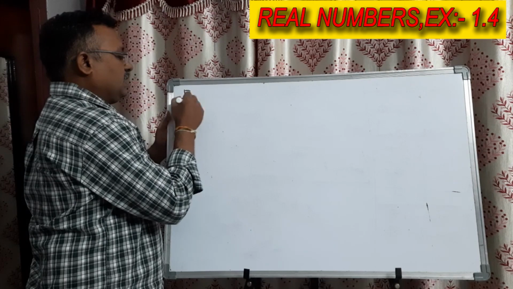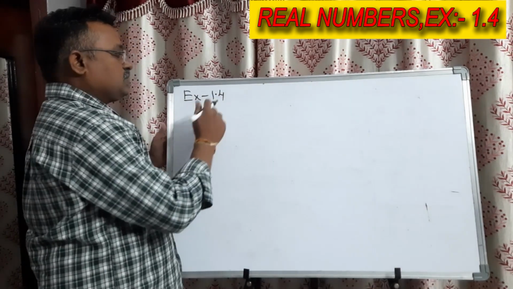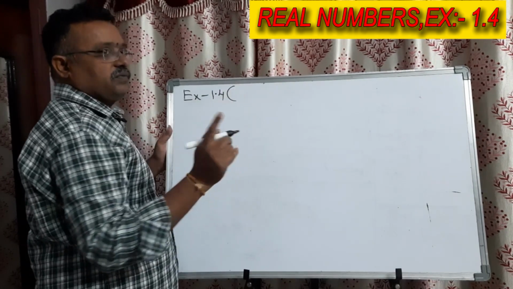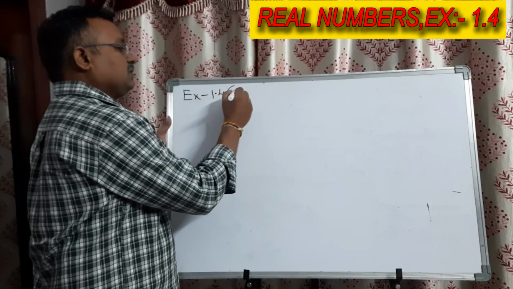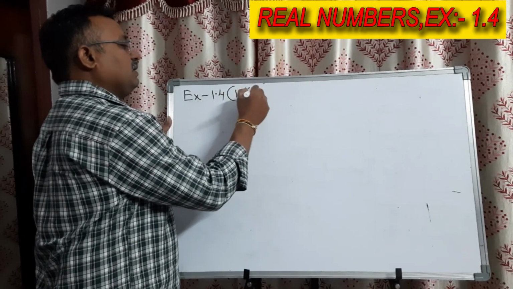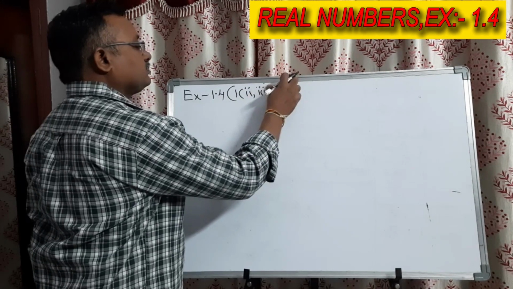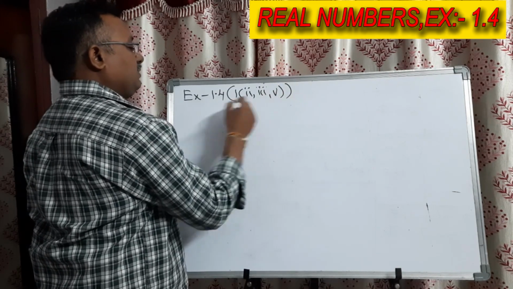Today we discuss the most important problems from exercise 1.4 for 6 marks and 4 marks. The most important questions are from the first bit, second one, third one, and fifth one.